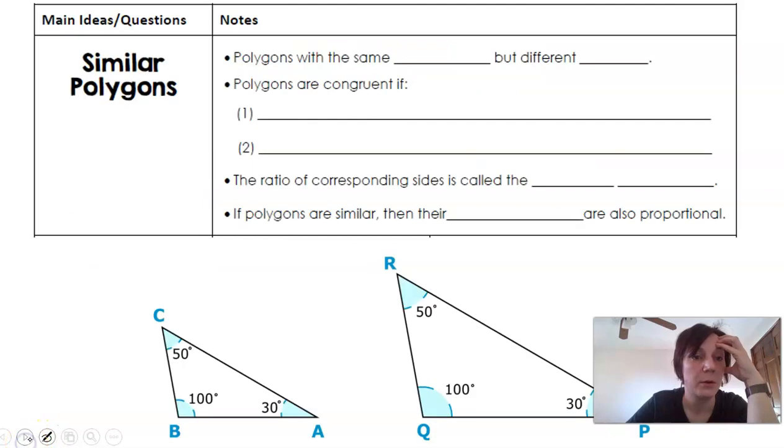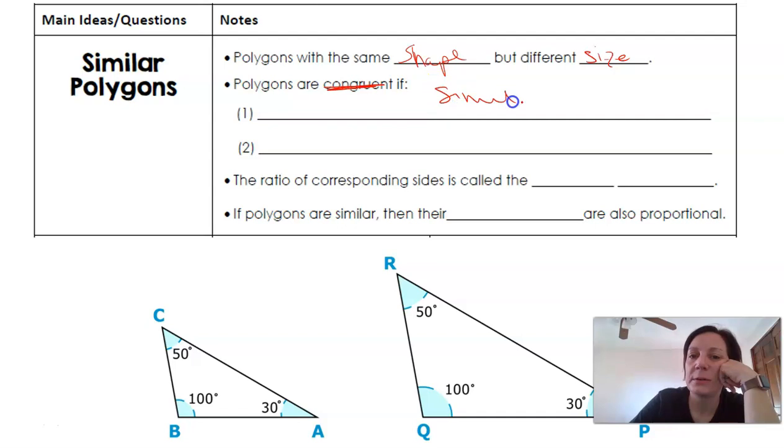So what we want to do is use that to figure out values on similar polygons. We already said similar polygons are the same shape, different size. I'm crossing this out. We want to say polygons are similar.